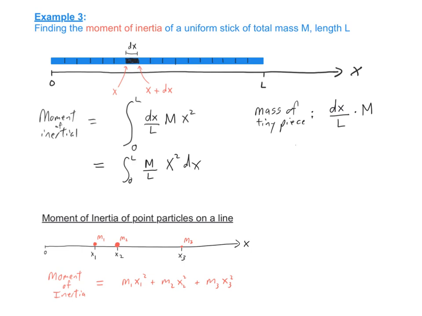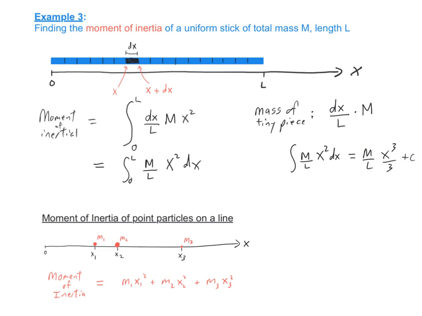Okay, so let's remind ourselves how to do that. First, I remember that the indefinite integral of m over L x squared with respect to x is just m over L x cubed over 3 plus an arbitrary constant of integration. Now again, where did this come from?